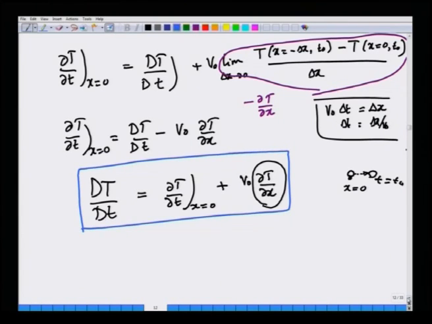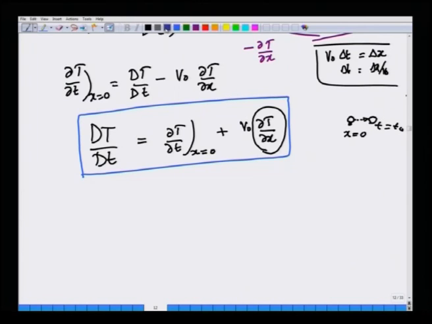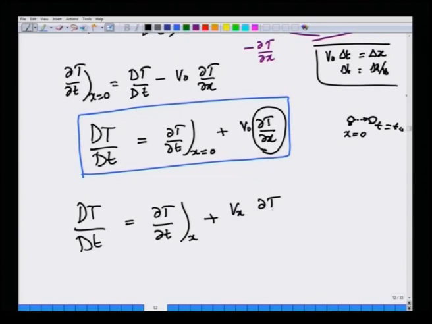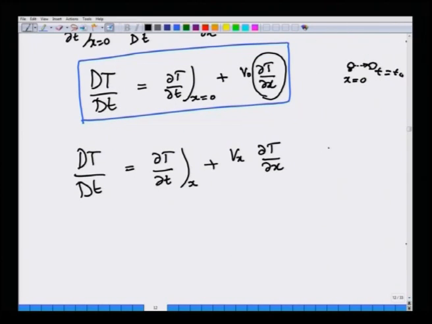So, we can generalize this for any arbitrary velocity instead of having v 0. We can generally write this as partial T at constant x plus v x, the velocity in the x direction, times the gradient of temperature in the x direction. So, this is the substantial time derivative of temperature.